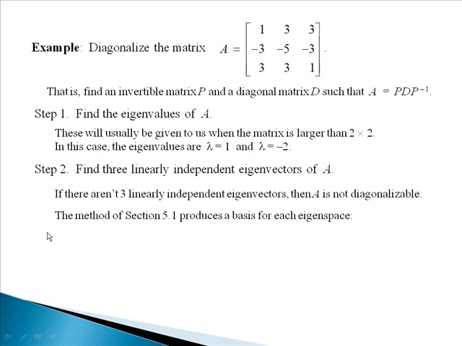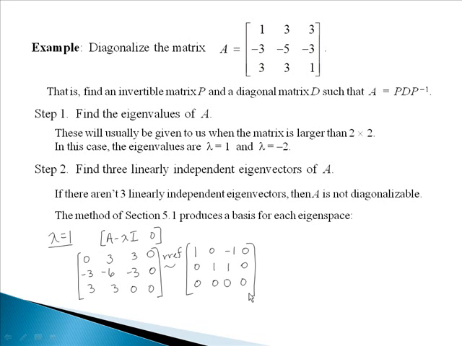So remember, we're going to look at lambda equal 1, and we see that we're going to look at A minus lambda I, 0, and we're going to row reduce that matrix. So we're going to first find A minus lambda I, and so we'll have this matrix here, and then we'll include our row of zeros, and we will row reduce.